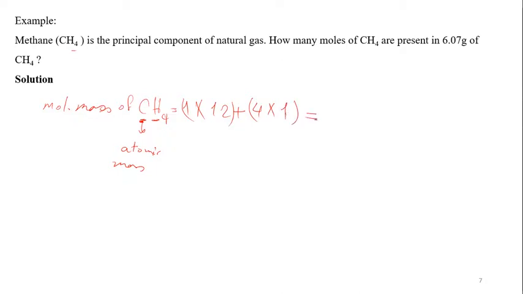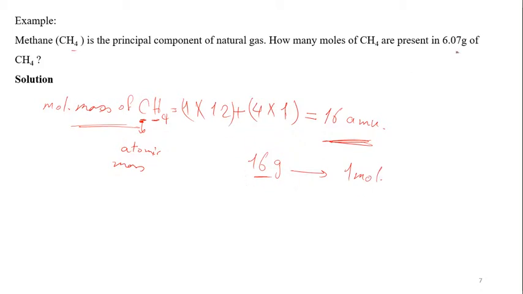This would be equal to 16 AMU. I have 16 atomic mass units for the molecular mass of methane. This means I have 16 grams of methane in 1 mole of methane.